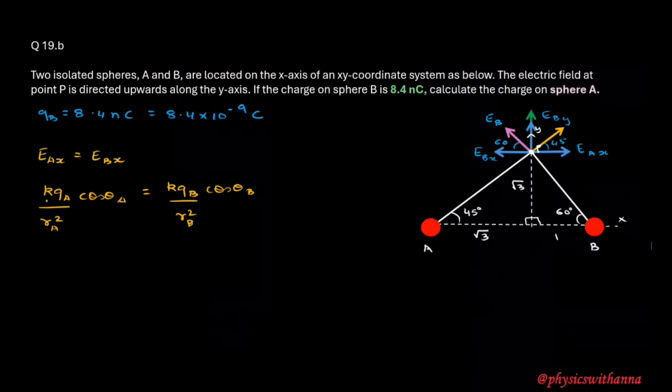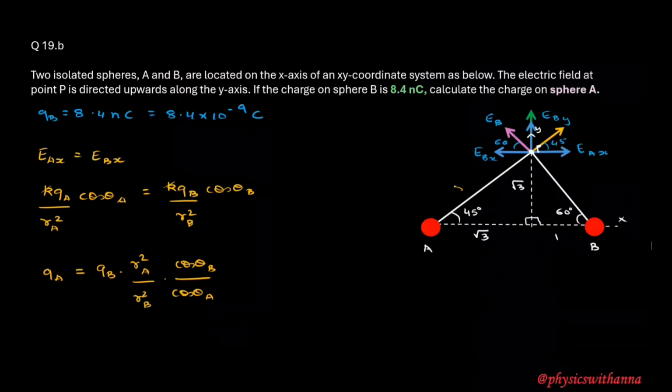We need to find QA, so let's rearrange the term. We can cancel off K here, and we write QA to be equal to QB into RA squared over RB squared into cosine theta B over cosine theta A.